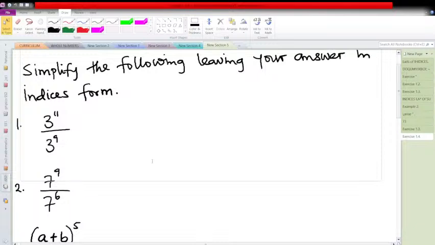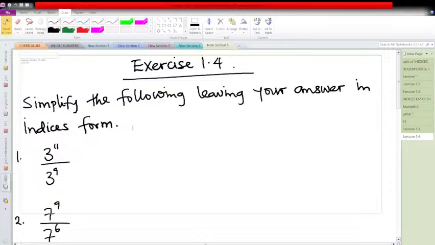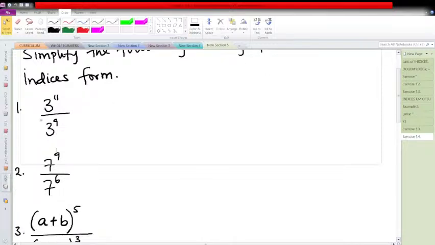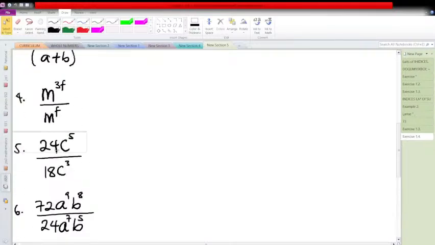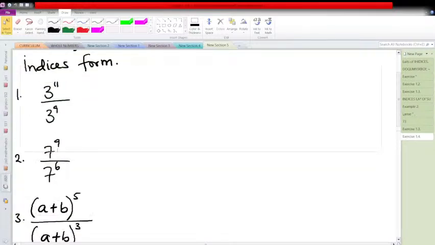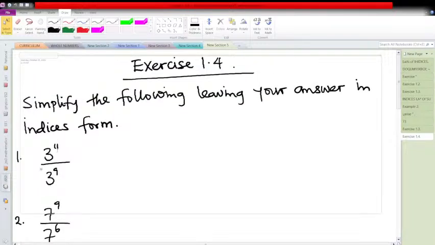Sarah, this is what you're going to do. It's the same thing as what we have done. You have to simplify the following, leaving your answers in indices form. So you have to solve 1 to 9 of them. So please kindly copy them and solve.